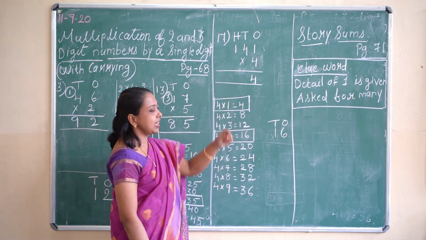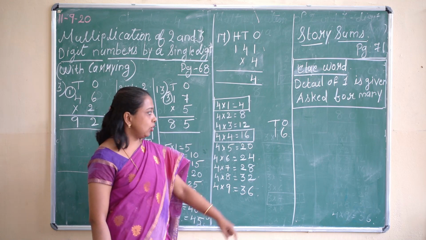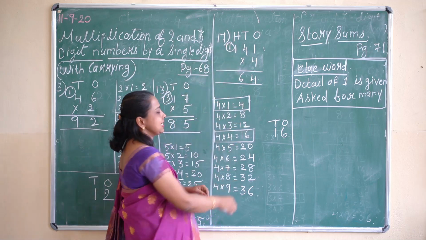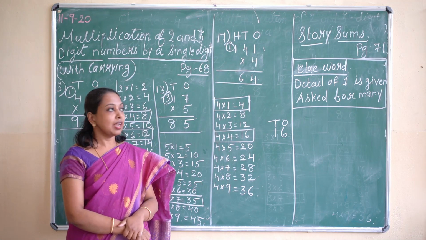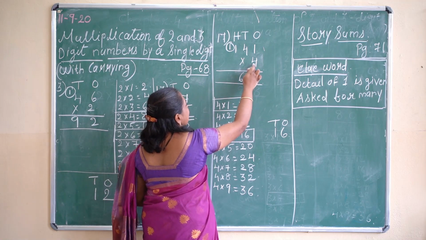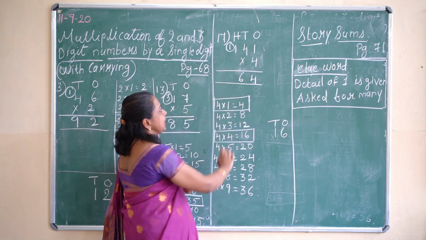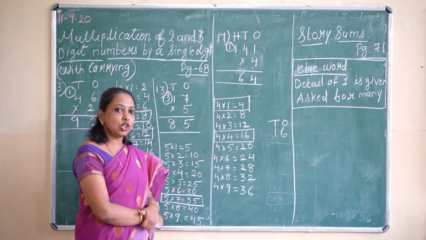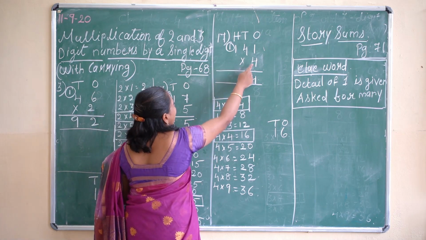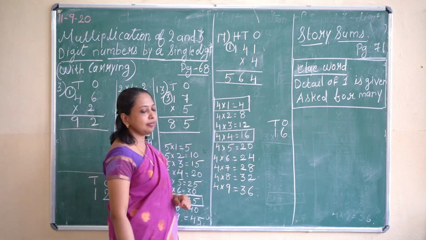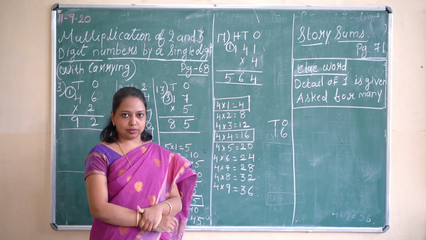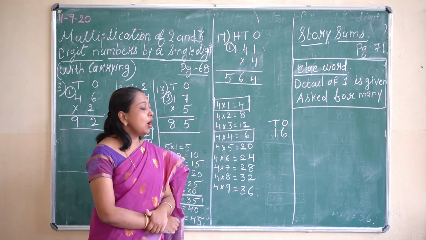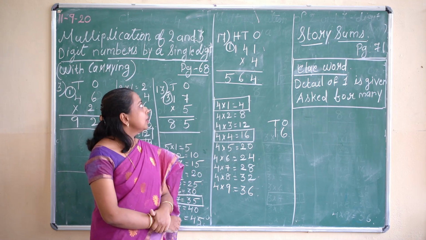How will you write 16 over here? We can write only one digit. So we have to write 6 and 1 is carried over to the hundred place. Now third step, 4 multiplied by the digit at the hundred place. 4 ones are 4. And can you write 4? No, add 1 to 4. So add 1, got 5. 564. So 4 at the ones place, 6 at the tens place and 5 at the hundred place.